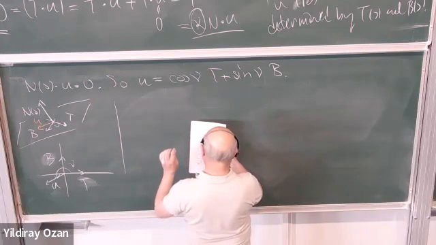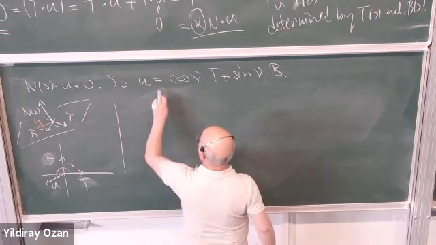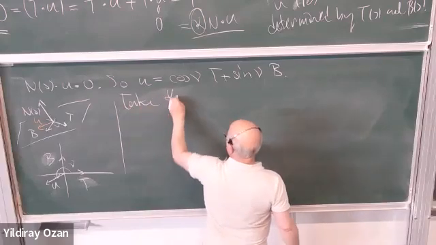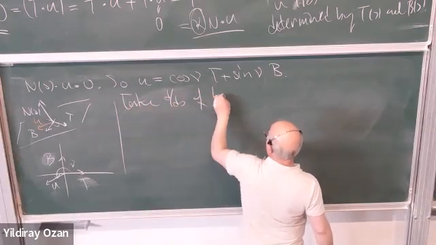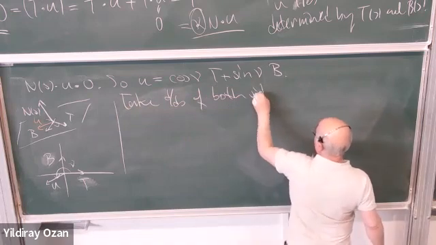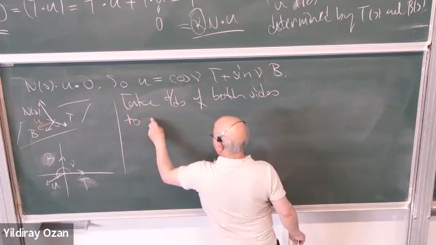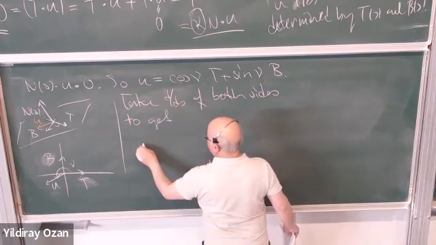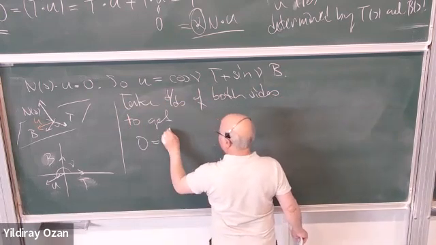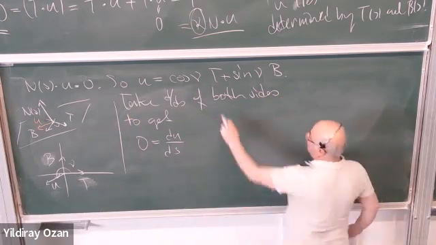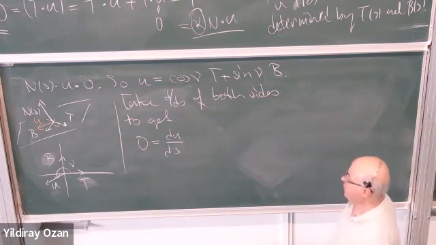U is constant, so take d/ds of both sides. To get, this is 0 because it is constant, and then I take the derivative of this.